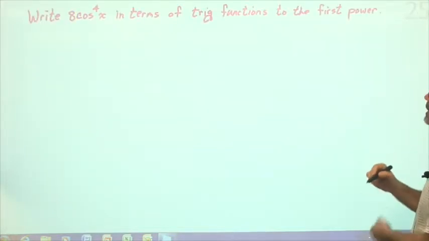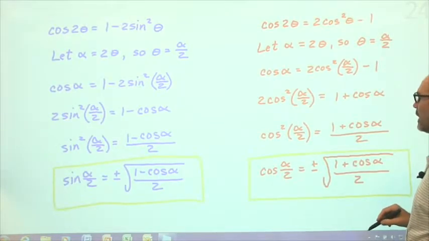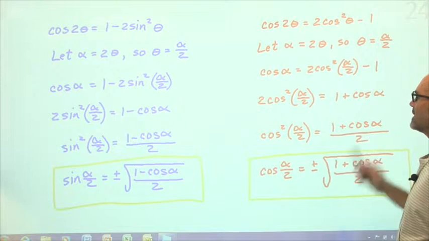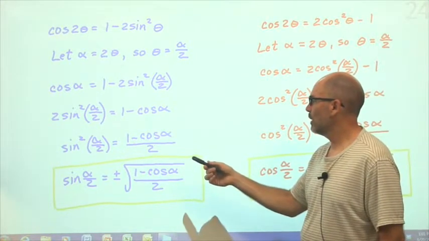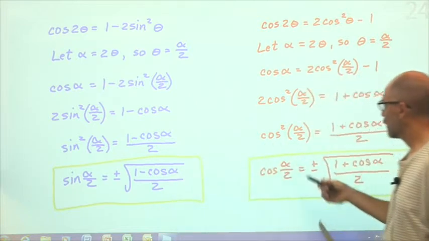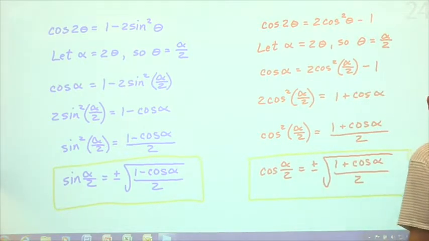Okay, one other thing I forgot to mention. Tangent alpha over 2 is going to equal sine over cosine. So let's just write that in here.